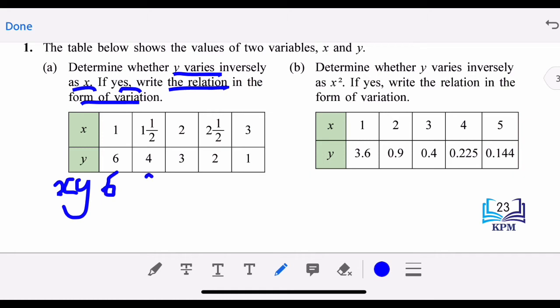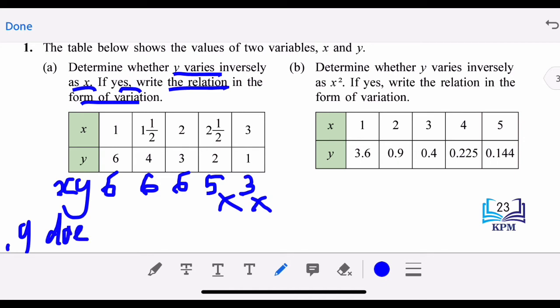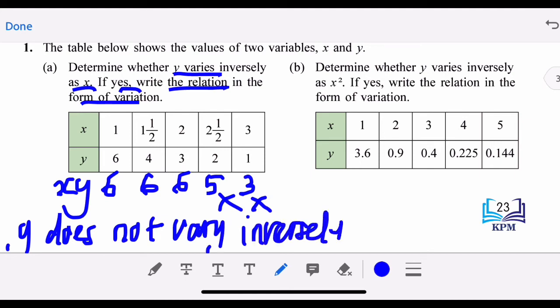This is 6, 6, 6. This is 5 and this is 3. So sorry, y does not vary inversely as x, right? Because there is no constant for xy; for 5 and 3, it is not 6.